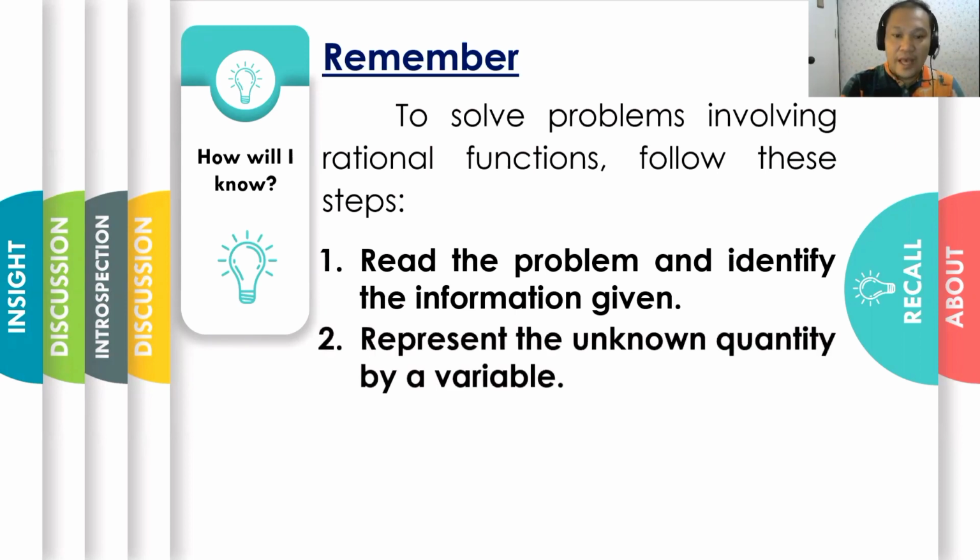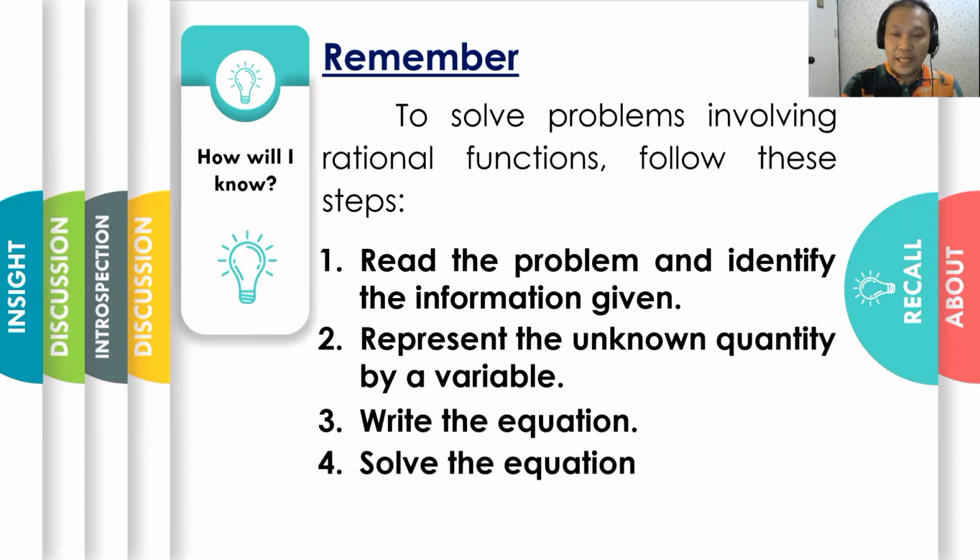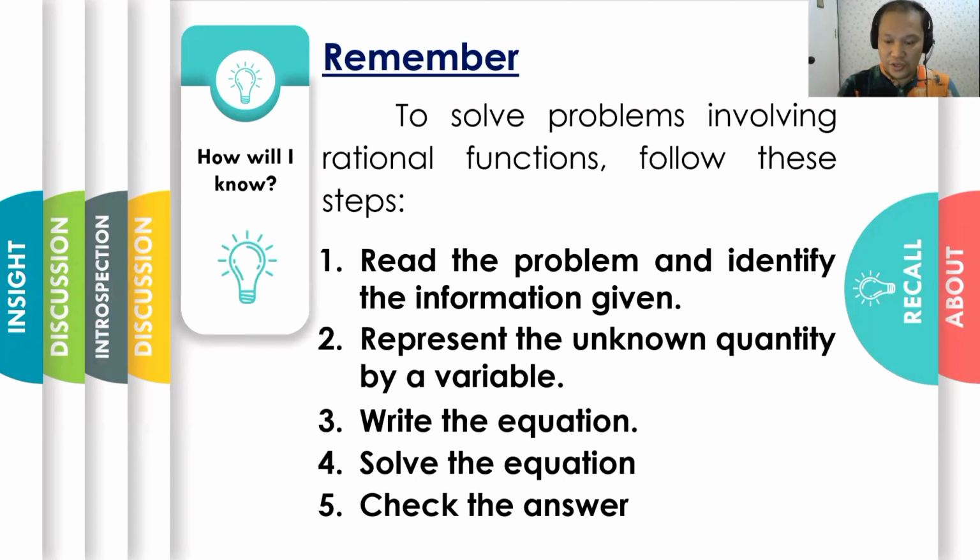Number two, represent the unknown quantity by a variable. Number three, write the equation based on the relationship that exists in the given problem. Number four, solve the equation. And number five, verify by checking if your answer really fits the given condition.